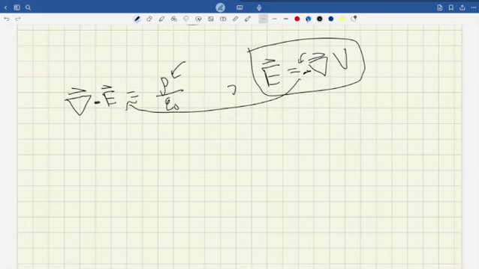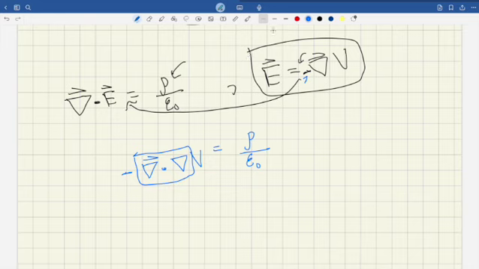What that gives you is a term where we have nabla dotted with the gradient of the electric potential, and we have to put a minus sign here because of this minus sign, and this equals the charge density divided by epsilon naught. Now put your attention on just this part of the expression, the nabla dot some gradient.